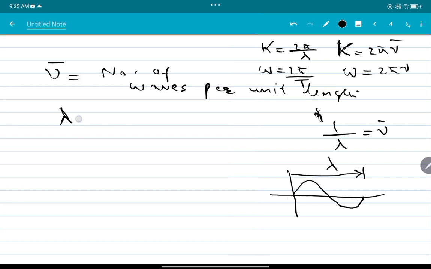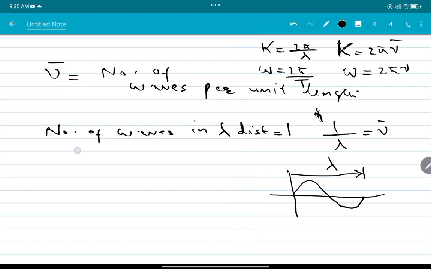Now lambda is the distance in which you have one wave. That means the number of waves in lambda distance is equal to 1, by definition.